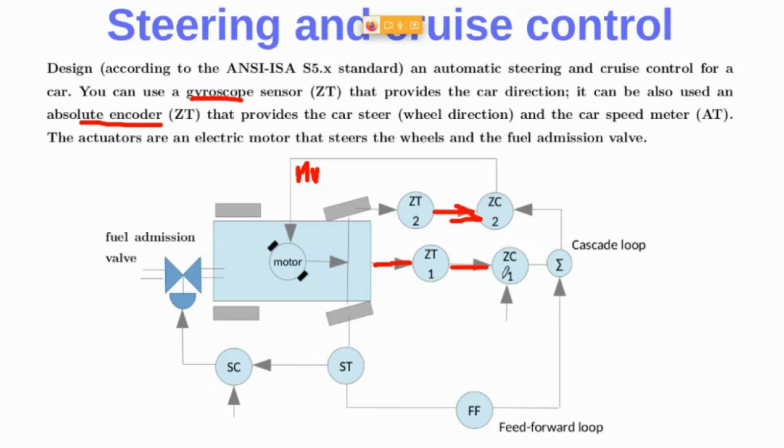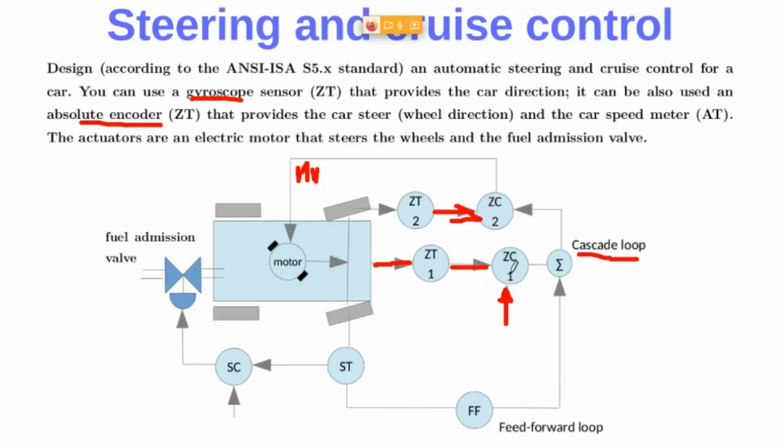Here we have the controller, and here we have the external set point for this controller. As you can see, the output of the outer controller is at the same time the input for the inner controller. So we have a cascade loop, obviously.